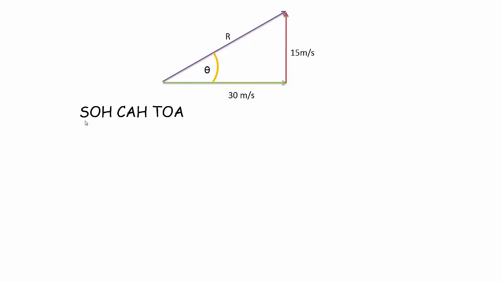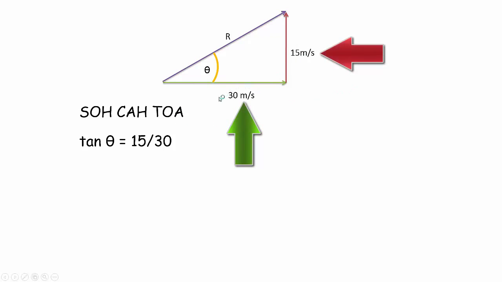For all of these problems, as you're given two velocities or vectors of any kind at 90 degrees, you're always going to have the adjacent and the opposite. So we're going to pretty much jump to tan all the time here. We know that tan of an angle is equal to the opposite over the adjacent. To work out the angle, all we need to use is the inverse tan function on your calculator.